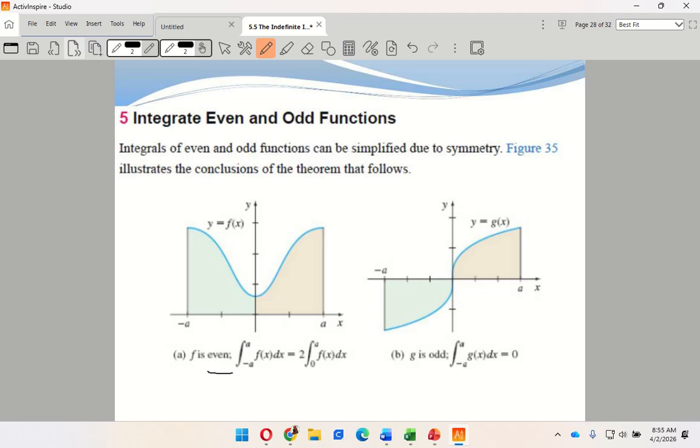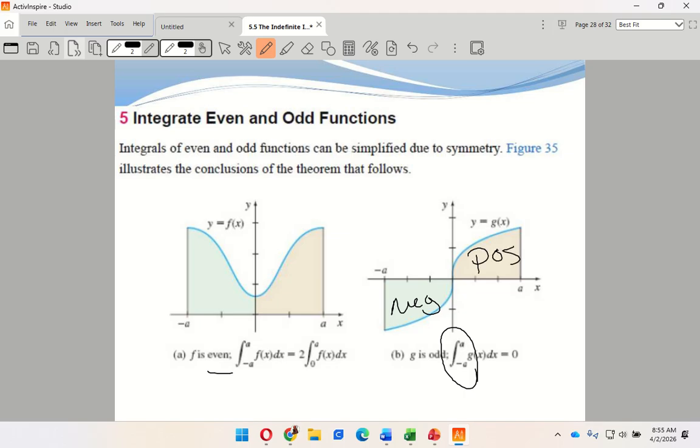An even function is going to look like this. An odd function is going to look like this. So when it's odd, you're going to have here a top minus a bottom, because down here this is negative and down here this is positive.